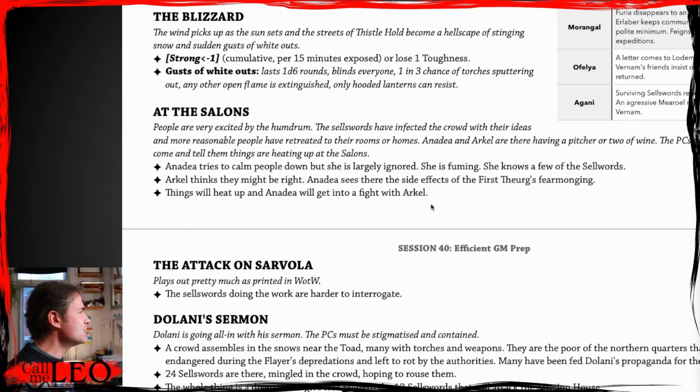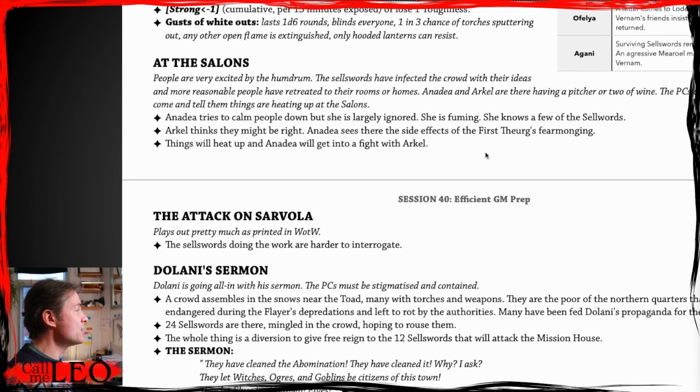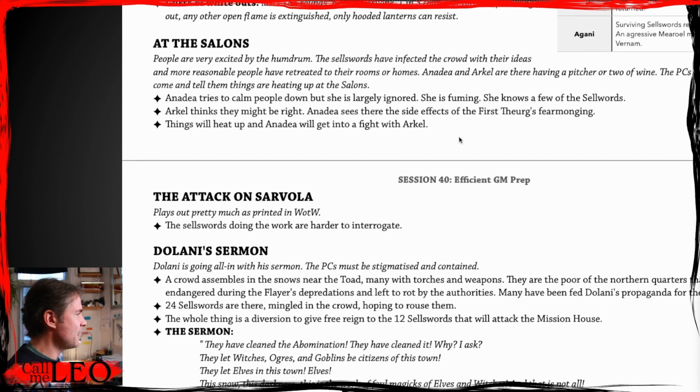So this is going to be really interesting if there's some fighting in the next session. Okay, at the Salons, you could read that on your own, but basically I described that from outside, because they never went in. This is just notes for me, actually, so I know, because they might ask around, and some people might tell them that this happened.